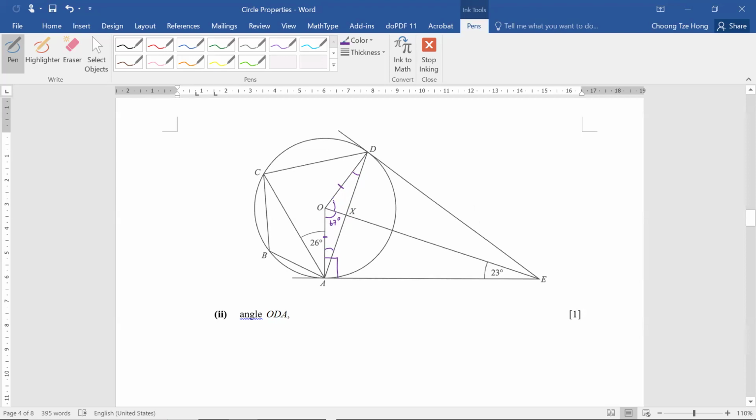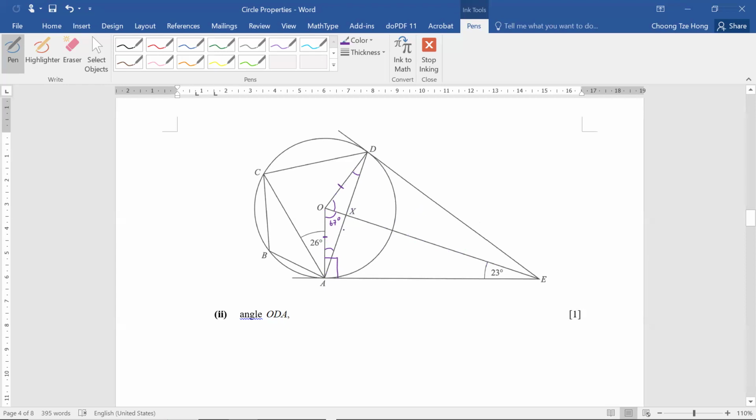Only if I know this one, then I will be able to find the angle that we need, ODA. So do we know this angle or not? It looks quite obvious that you should suspect it is also 67, but how can we confirm that? Remember in part 1, we have already proven congruency that triangle AOE is congruent to triangle DOE. This means that angle AOE will be the same as angle DOE.